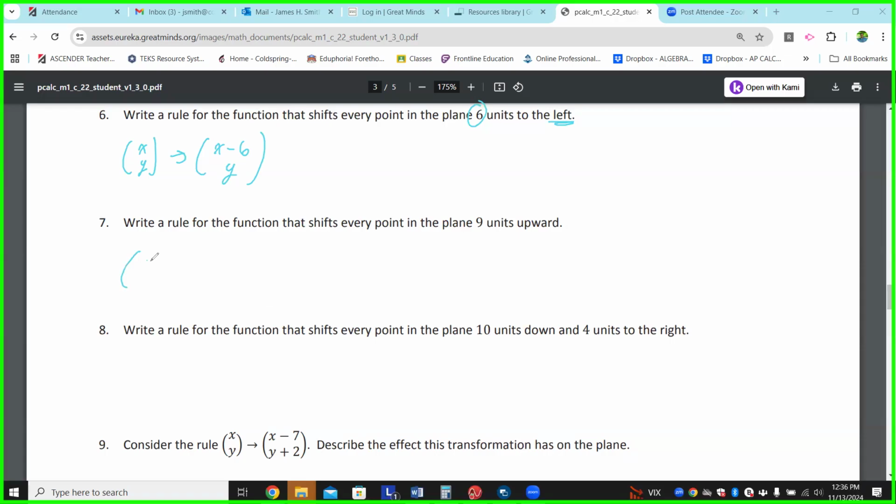So if I tell you the geometric effect was left 6, it affects the x, I'm subtracting. So on this one here, what is the effect on xy when I'm going 9 units up? Y plus 9. And then the x did not change. Pretty good. Let's put 2 shifts in this now. It says 10 units down, 4 units right.